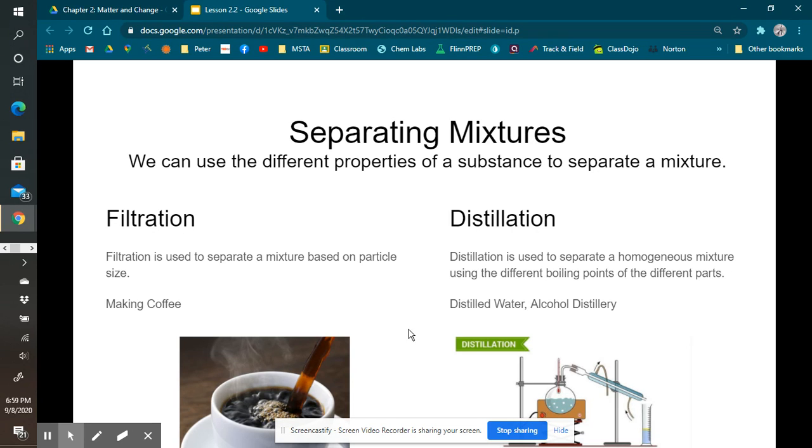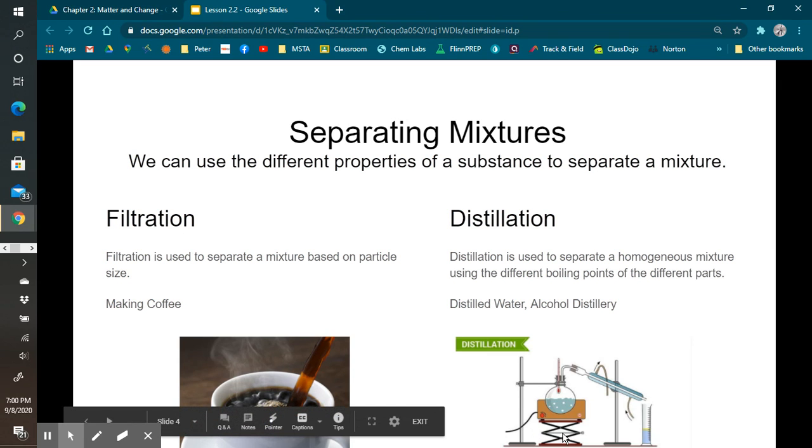Distillation is another way that we can separate mixtures, but distillation is a little bit different. It's used to separate a homogeneous mixture using the different boiling points. If you've ever watched the show Moonshiners, they set up a still. And a still is a way to separate the ethanol, the alcohol, from water. Inside the solution that they've made, they have ethanol and they have water. And what they want to do is get just the ethanol.